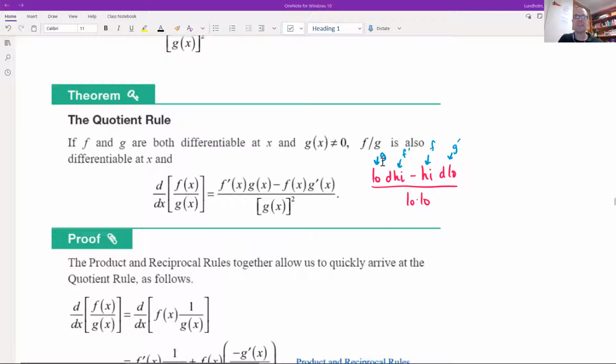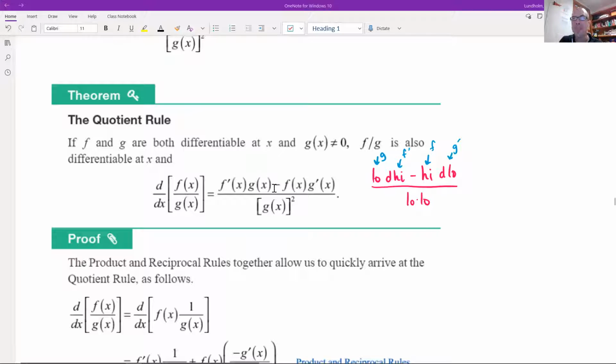And notice that I've got this as g f prime rather than f prime g. Not a big deal. That's just the commutative property of multiplication. But for some reason, low d high minus high d low all over low low is kind of a useful mnemonic device to remember the quotient rule.